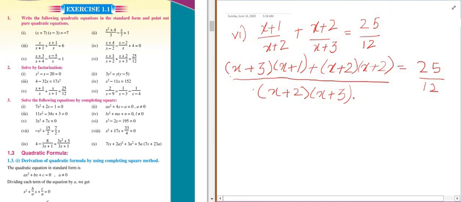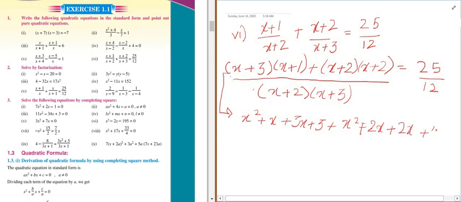Clear? Just solve the numerator first. When you solve the numerator, I am going to solve it separately. This becomes x square plus x plus 3x plus 3, plus x square plus 2x plus 2x plus 4.